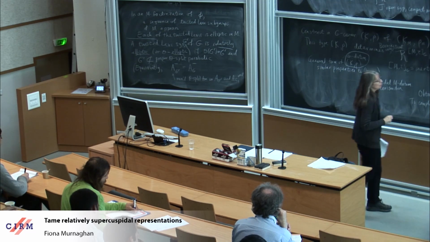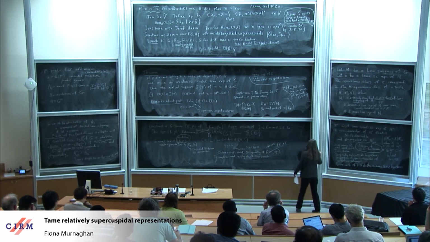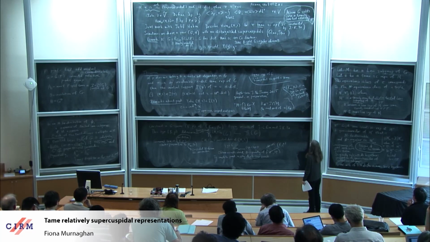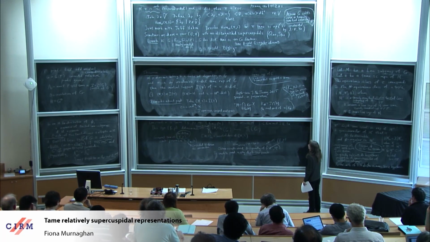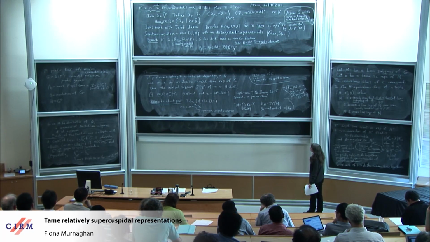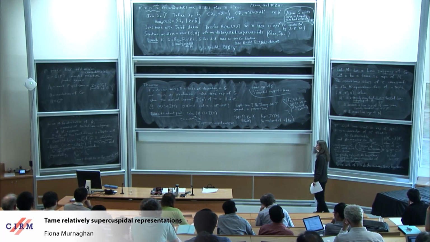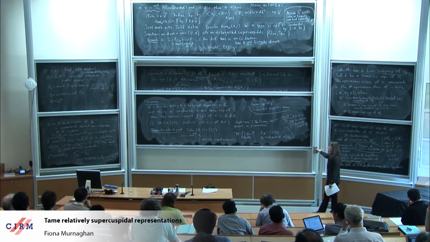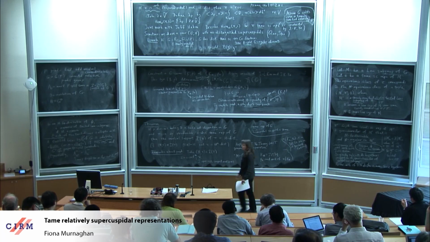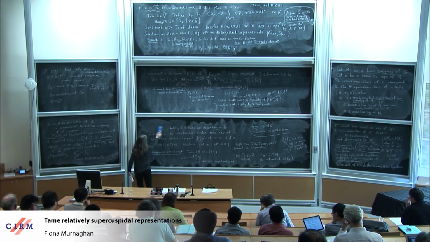Okay, so now with the construction, I'm going to assume that my M is relatively elliptic.